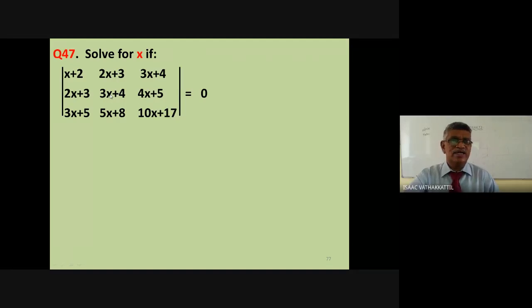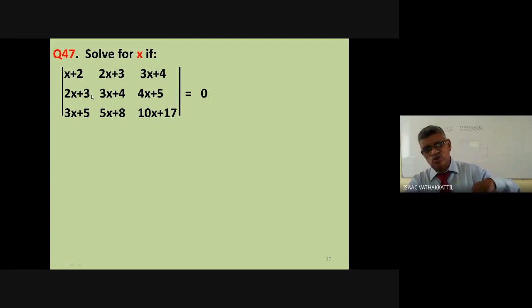If you make a subtraction row-wise, column will not do because here the column entries are different. Row 1 and row 2, if you make some subtraction, either row 2 minus row 1 or row 1 minus row 2, that is up to you. You will get something common.